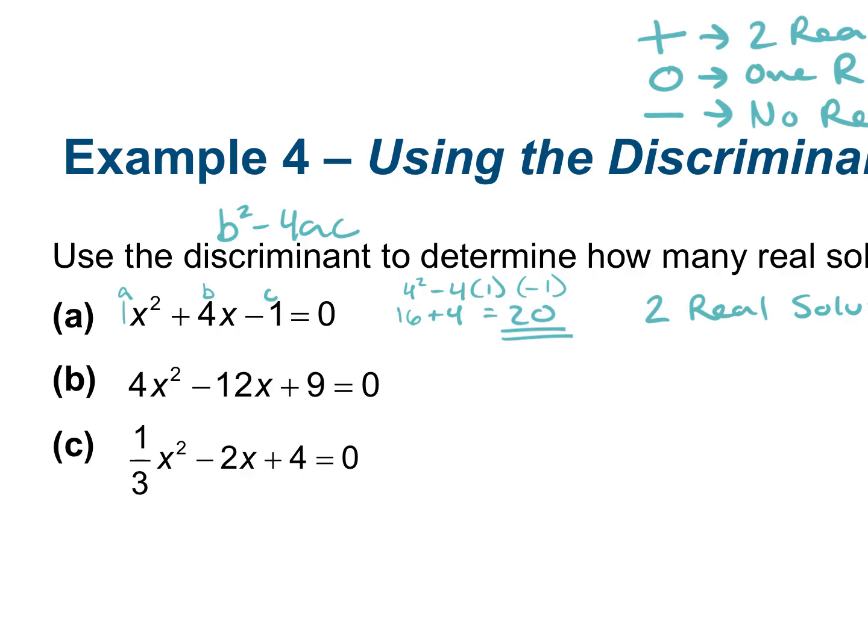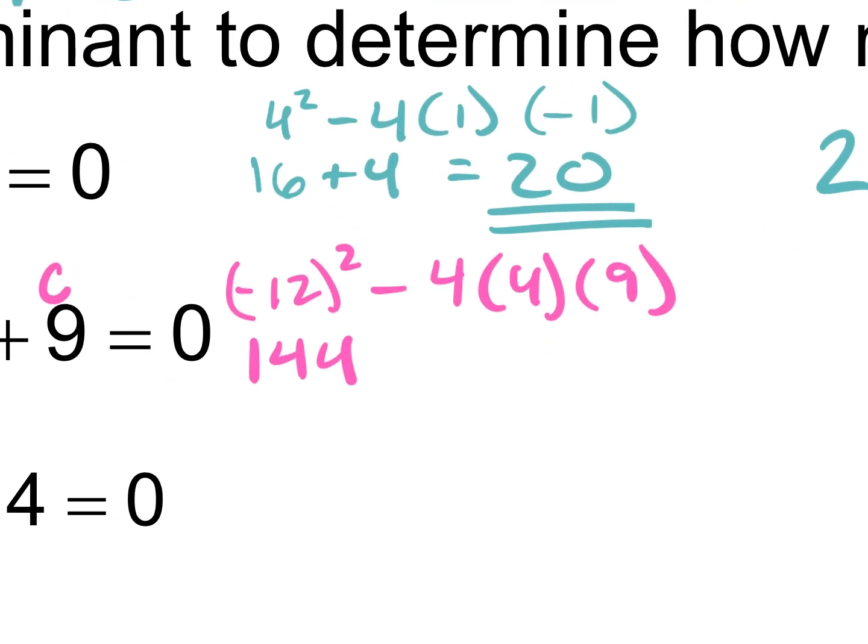So for B, what's our A? 4. What's our B? Negative 12. And C? 9. So when we put this into our formula, we have negative 12 squared. So B squared minus 4AC. So 4 times 4 times 9. What's negative 12 squared? 144. Then we have negative 4 times 4, which would be what?